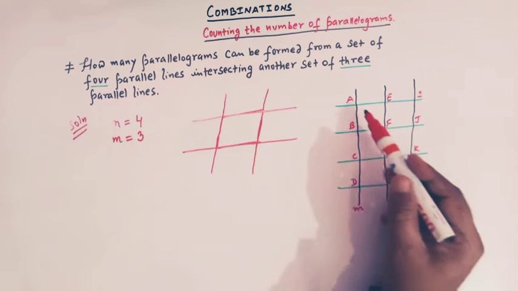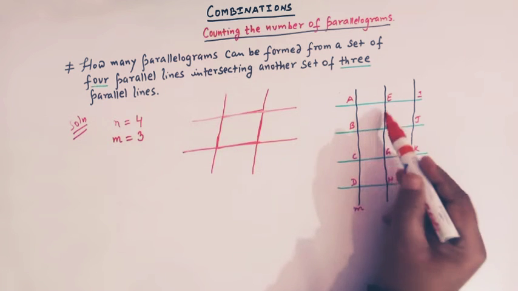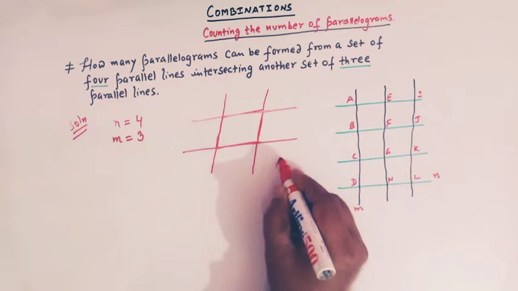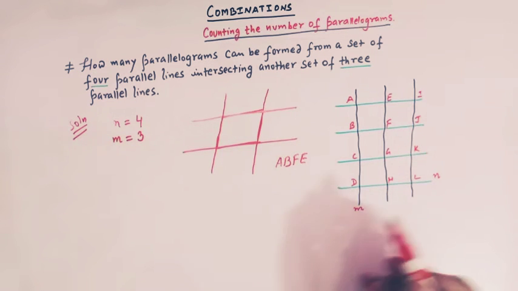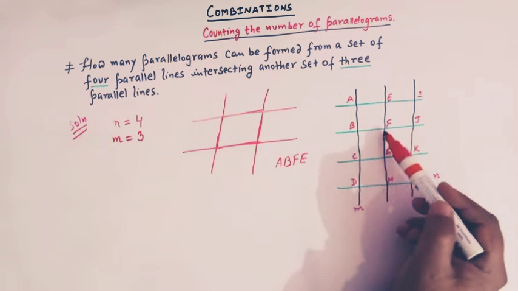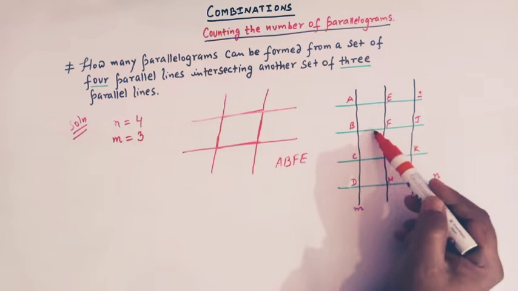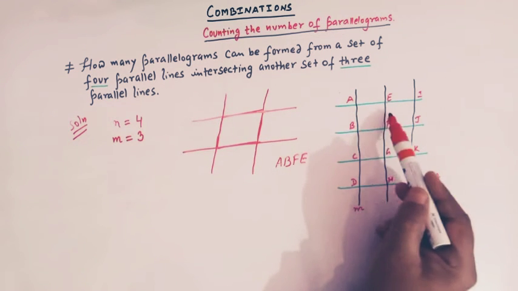If we take the parallelogram ABFE, this parallelogram has 2 sides which are green and 2 sides which are black.